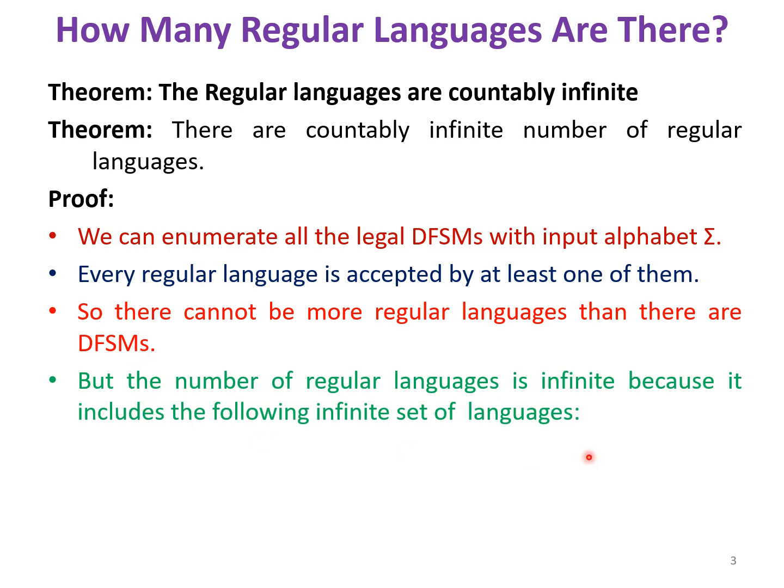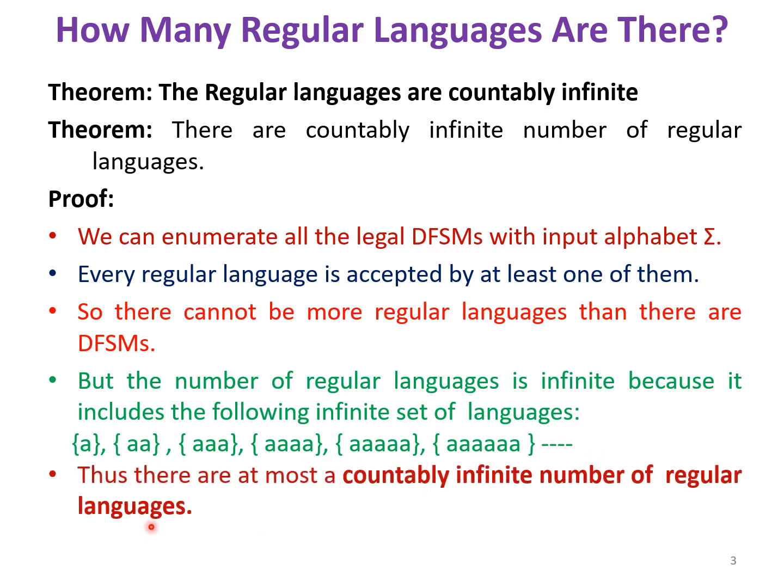But the number of regular languages is infinite because it includes the following infinite set of languages consisting of 1 a, 2 a's, 3 a's, 4 a's, 5 a's, 6 a's and so on. Thus, there are at most a countably infinite number of regular languages.